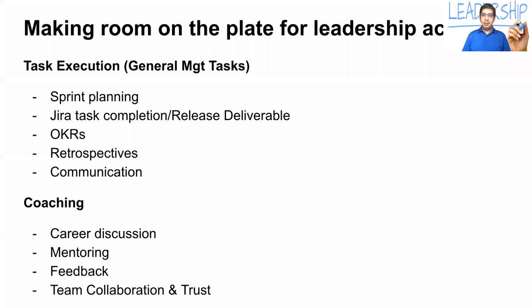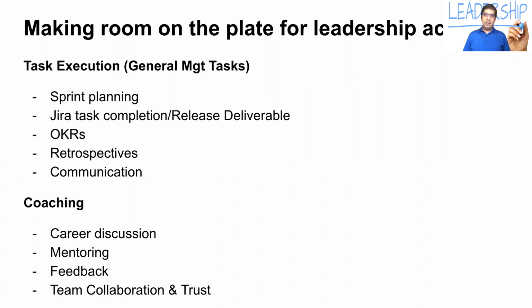So when you think about task execution, this is where activities that come in are sprint planning, Jira completion, release of the deliverables, OKRs, retrospectives, communication, making sure that things are moving, things are happening, any blockers are resolved.